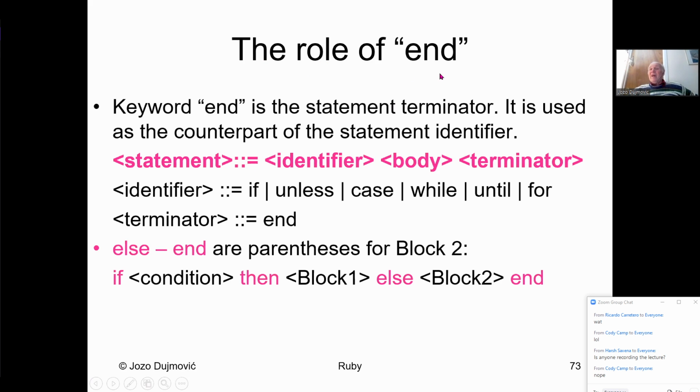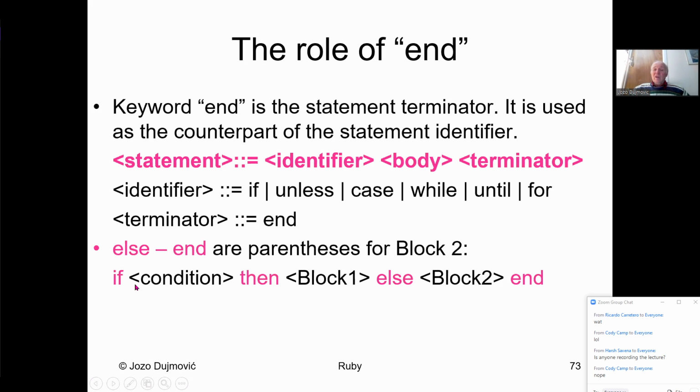The role of end is very important because this shows that you have functional programming. In functional programming, each construct is an expression and returns a value that can be used. So keyword end is the statement terminator. It is used as a counterpart of the statement identifier. So if you have if statement, what is this if?